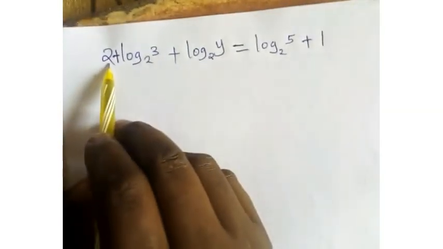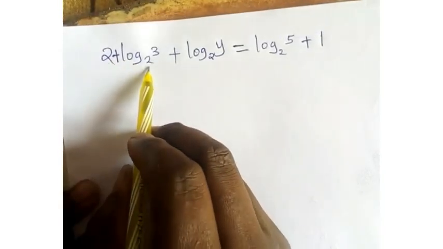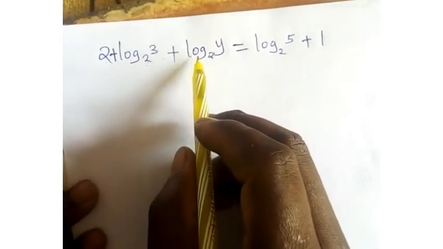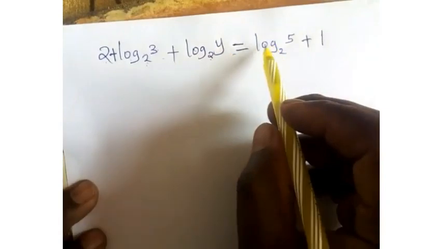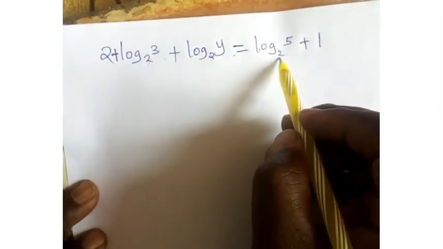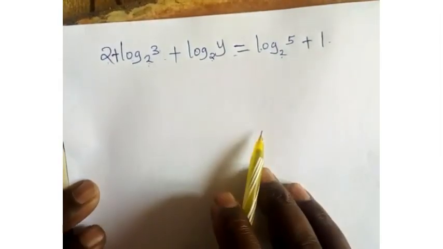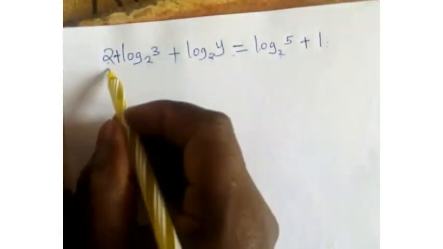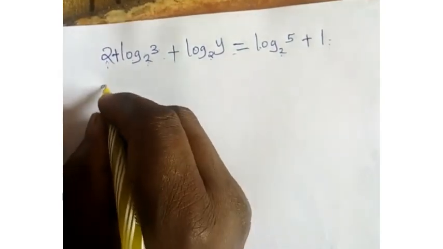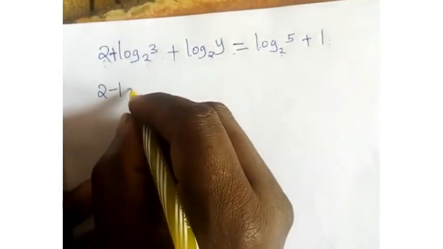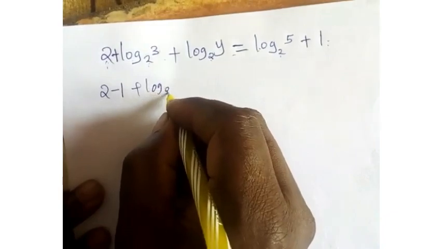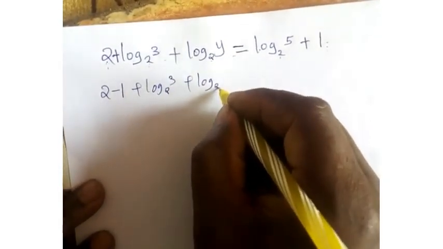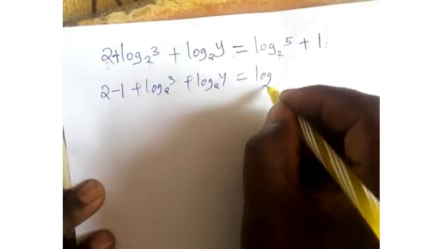Example 2: log base 2 of 3 plus log base 2 of y equals log base 2 of 5 minus 1, with log 2 to base 2 plus 1 on the left. So first, let us put like terms together. There is 1 here, there is 2 here. So you bring this one here and you subtract. So we will have 2 minus 1 plus log 3 base 2 plus log y base 2 equal to log 5 base 2.